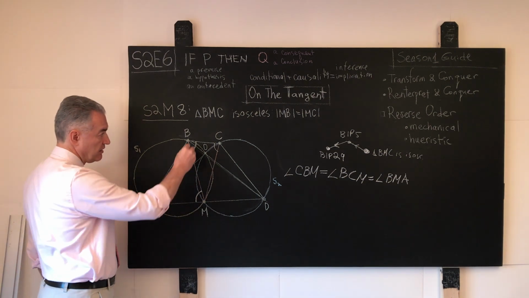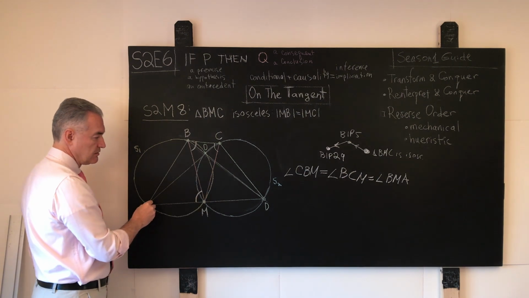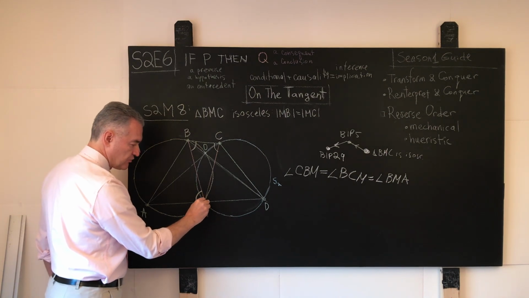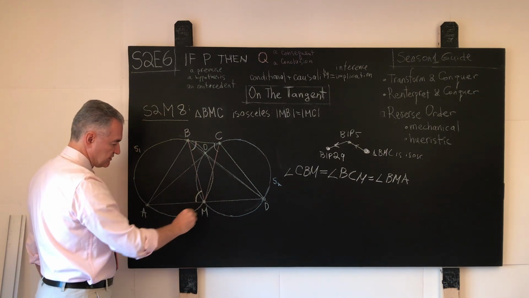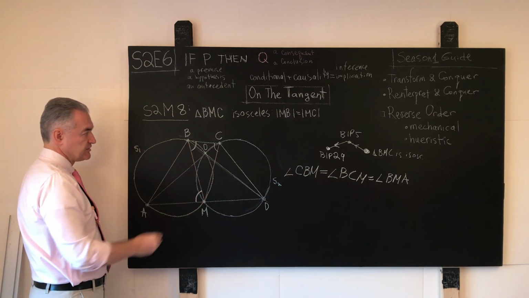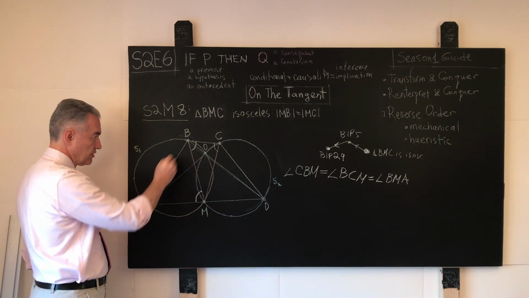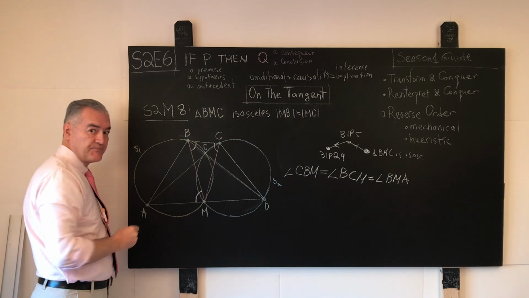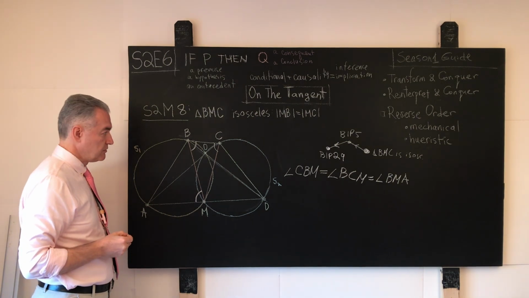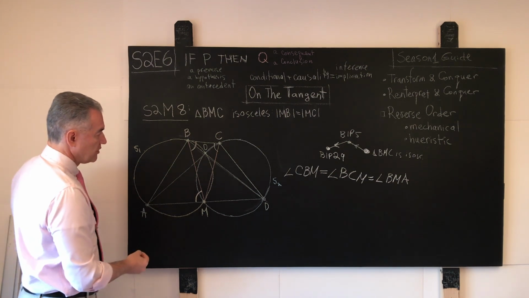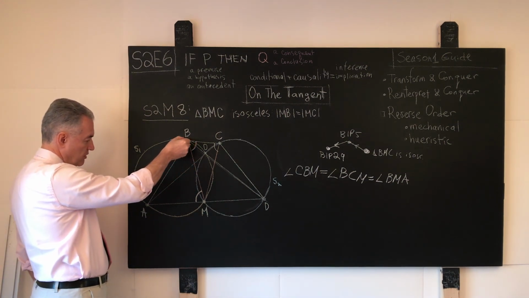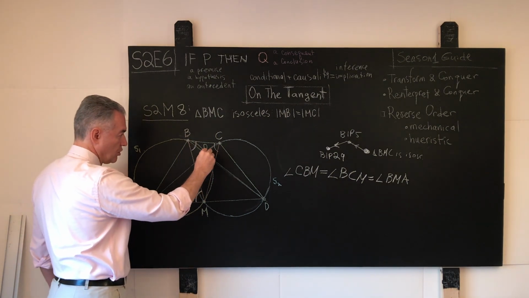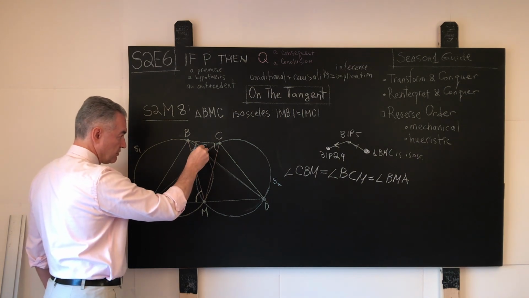We see that the angle BMA is an angle in the circle S1, because the vertex of that angle, M, resides precisely on the circle S1, and it subtends the arc BA, this arc right here, and at the same time, that very same arc is subtended by what angle? Looking carefully at the diagram presented, we see that the arc BA right here is subtended by the angle BOA, this angle right here.